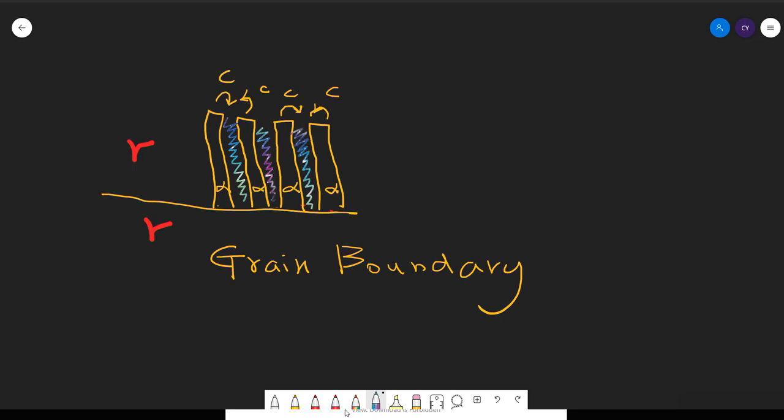This area, we call carbon combined with iron to form Fe3C. So we call it carbide here.